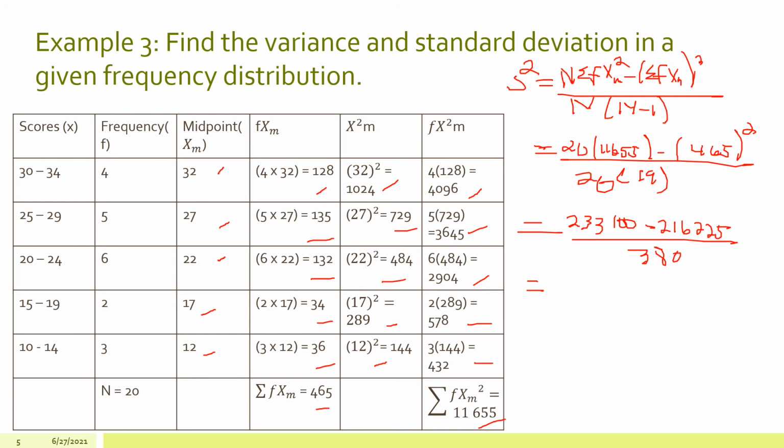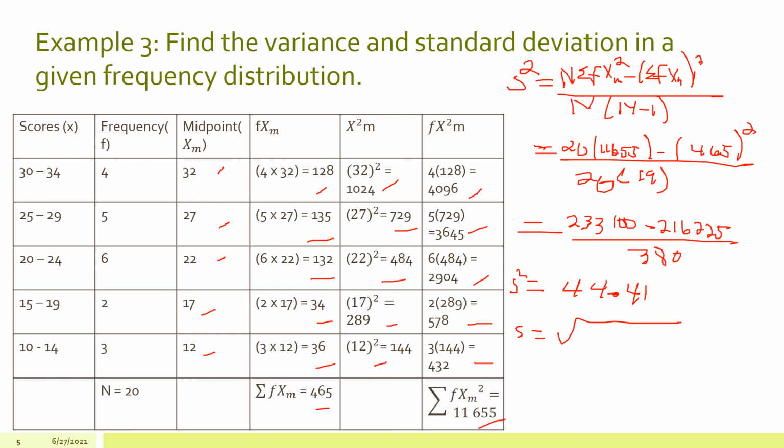So the variance is 44.41. If we lengthen it, the calculator shows 44.404794. Okay, so get the square root to get the standard deviation.